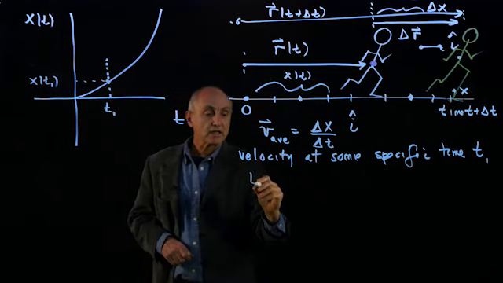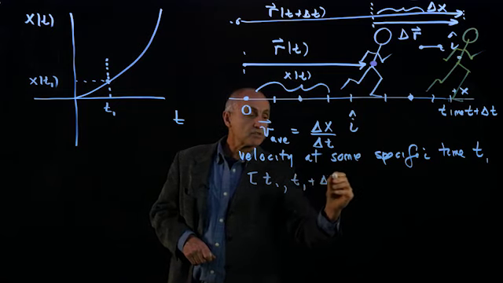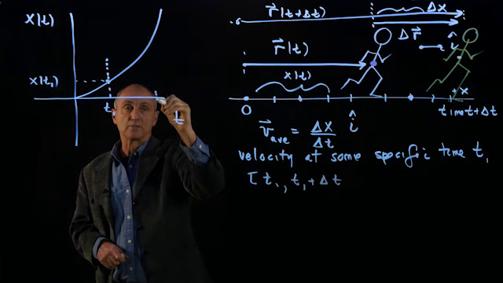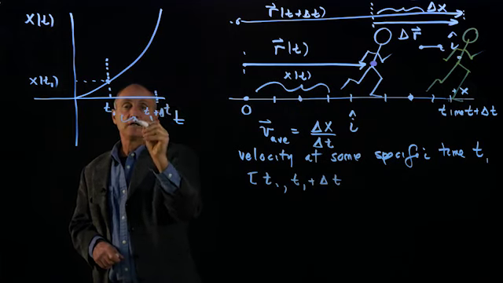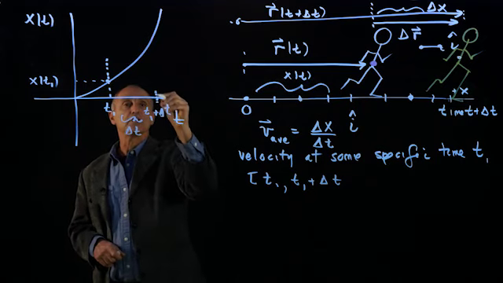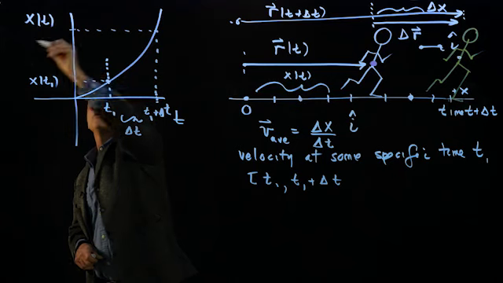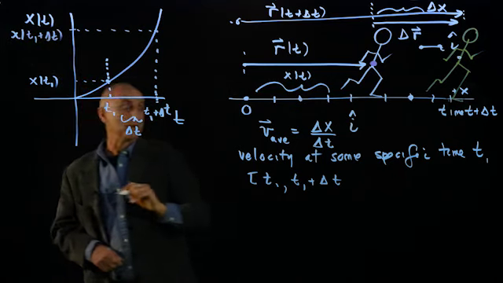First I'd like to consider the interval between t1 and some later time, t1 plus delta t. This is the time delta t. And up here, we have our position function at t1 plus delta t.